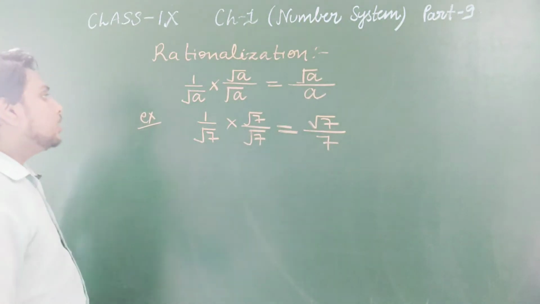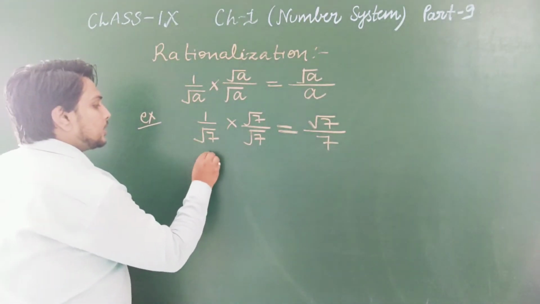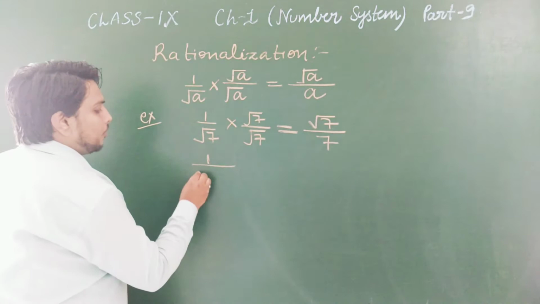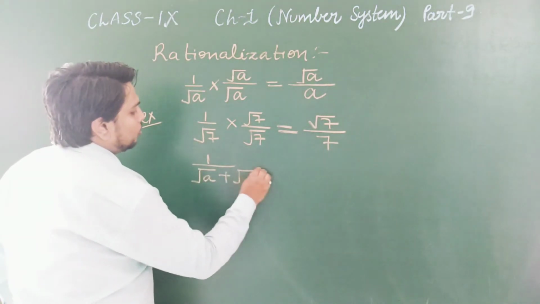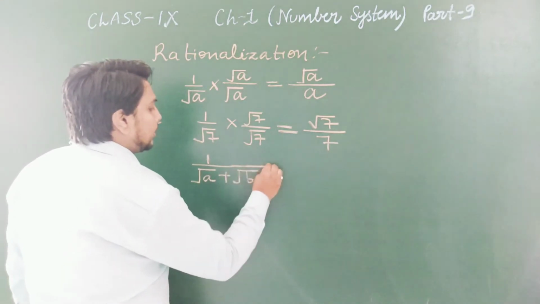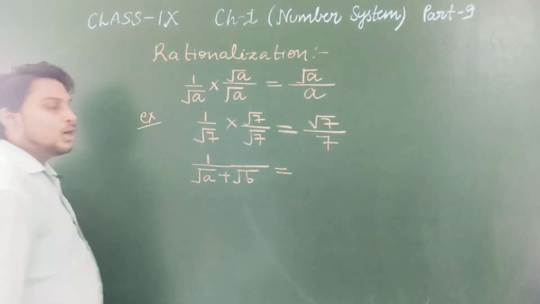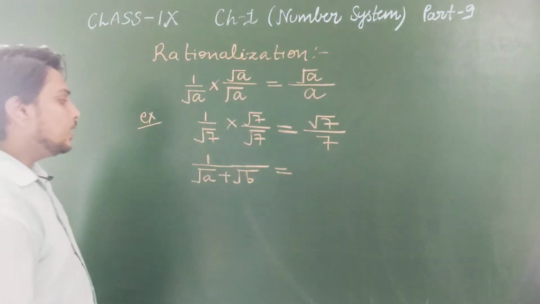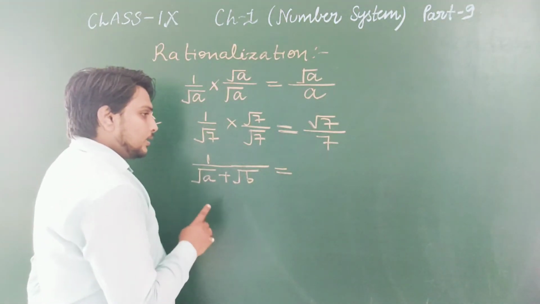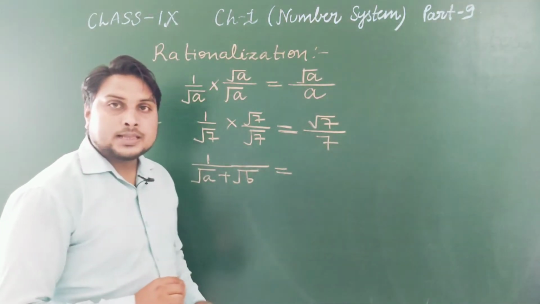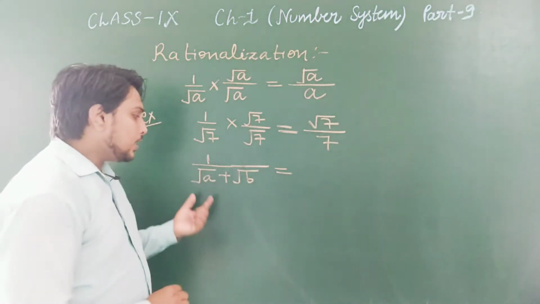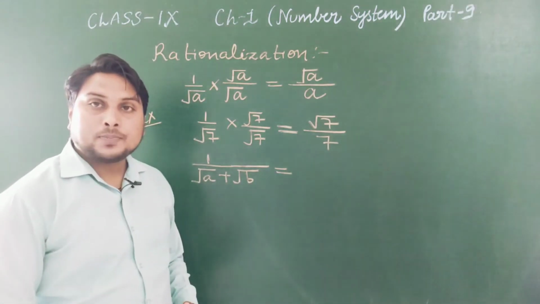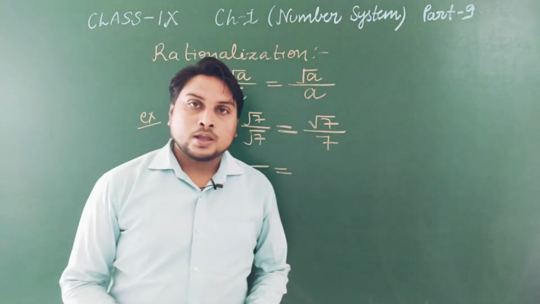If the number to be rationalized is given like 1 upon under root a plus under root b, then how can we rationalize it? Let us see. Students, we have to see what sign is there in the denominator.